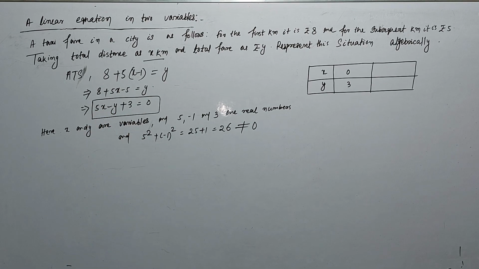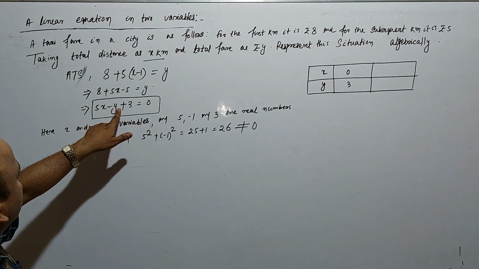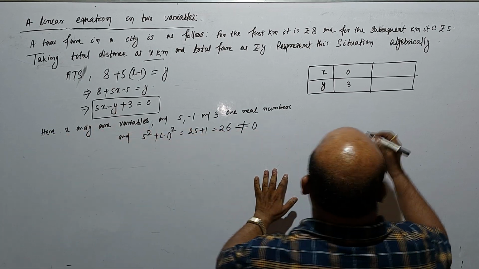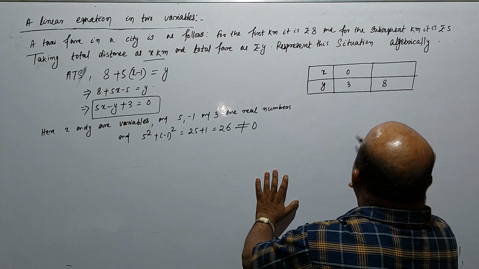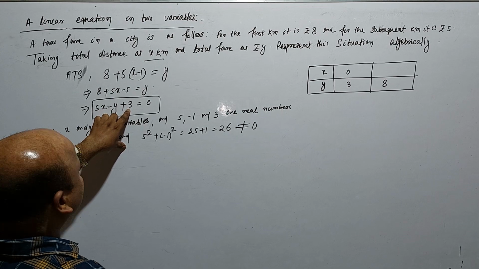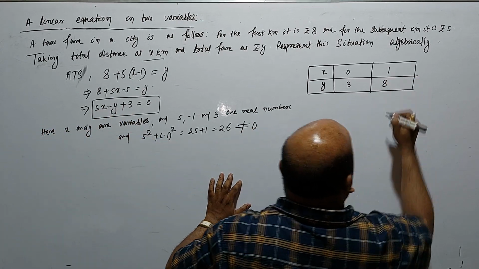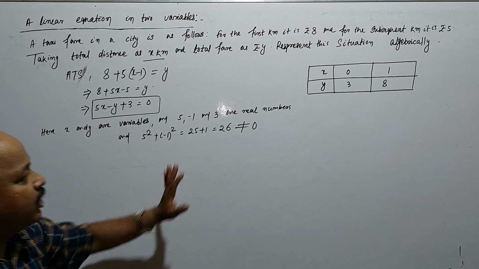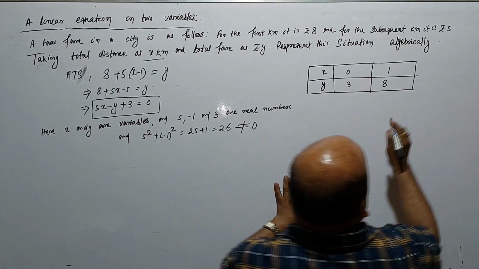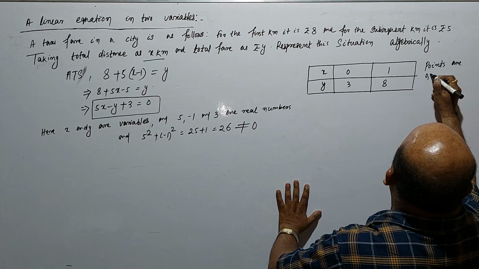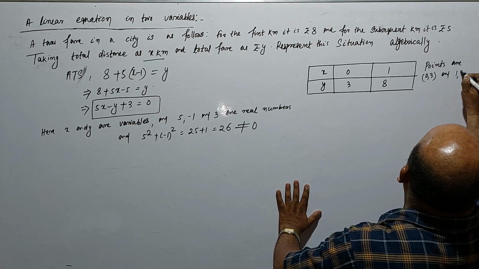Then again I am writing here, suppose I am taking y is equal to 8. If I am taking y is equal to 8, it is minus 8 plus 3. So minus 5, so x is equal to 1. Okay, x is equal to 1. Okay, students. So using these 2 points, the points are 0, 3 and 1, 8.